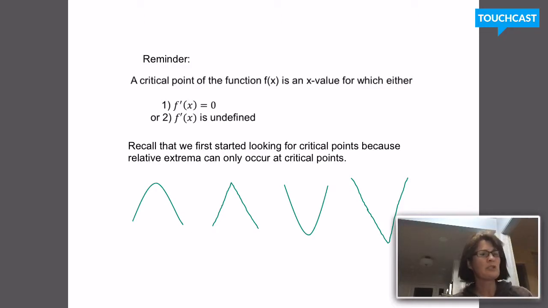And what was the whole reason that we looked for critical points? Because we figured out that relative extreme values, local minimums and local maximums, so tops of hills and bottoms of valleys, occur only at critical points.